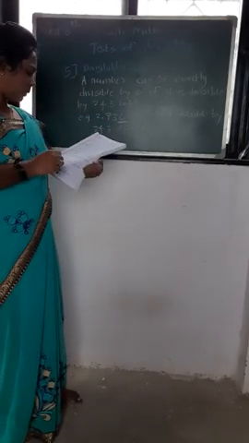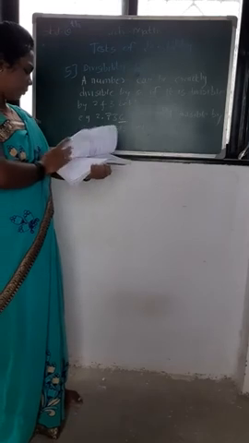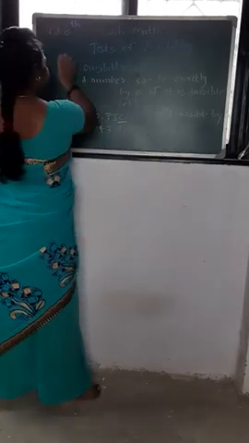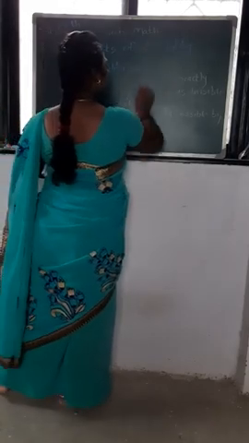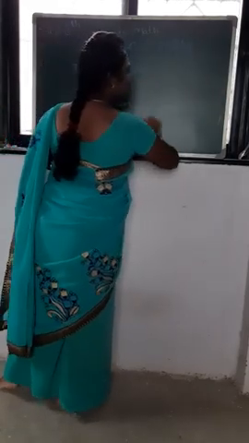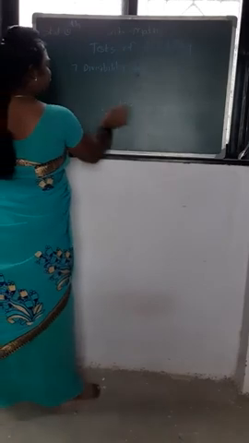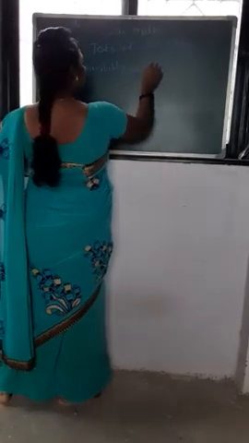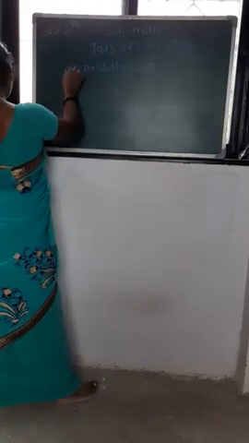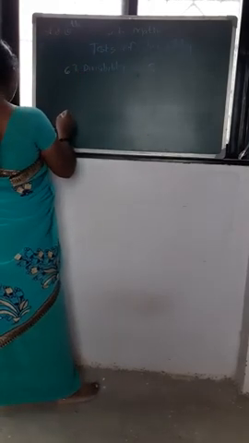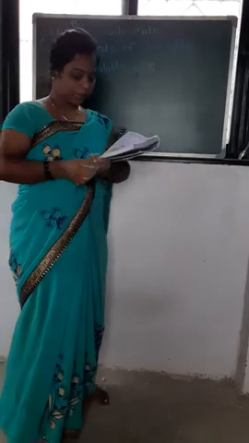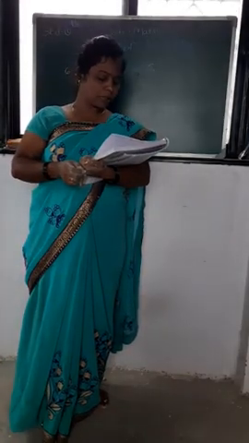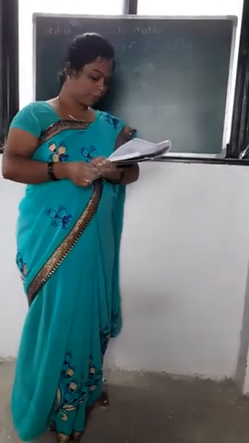Next, the divisibility by 8. A number is divisible by 8 if the number formed by its hundreds, tens and ones place digits is divisible by 8.